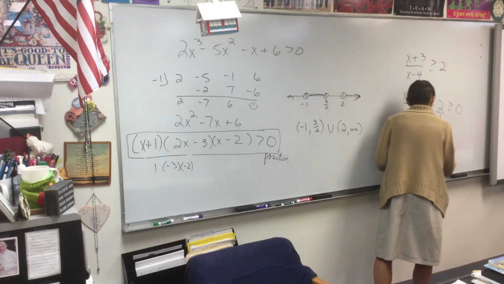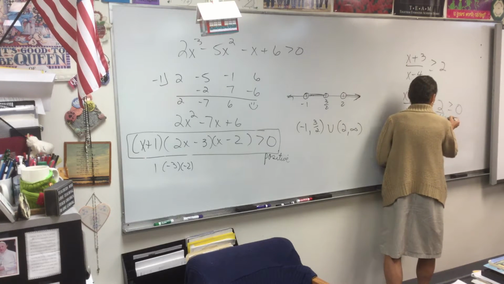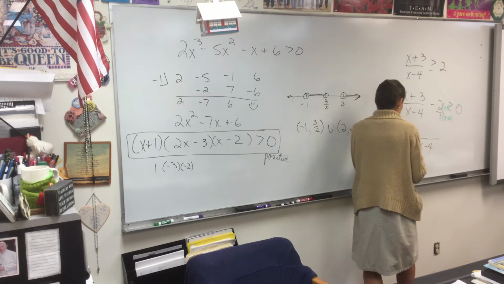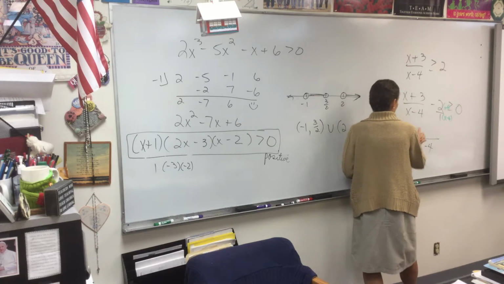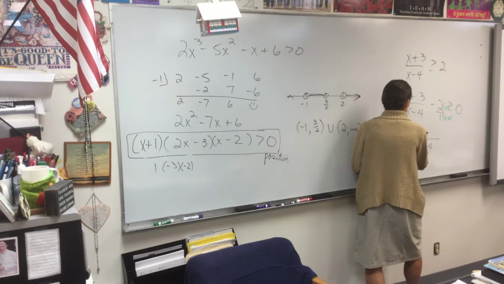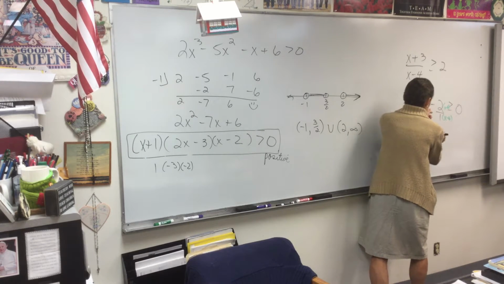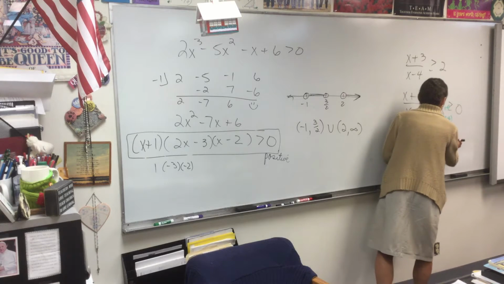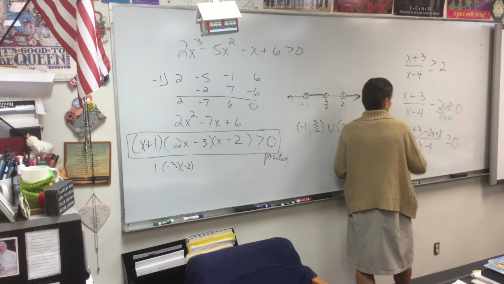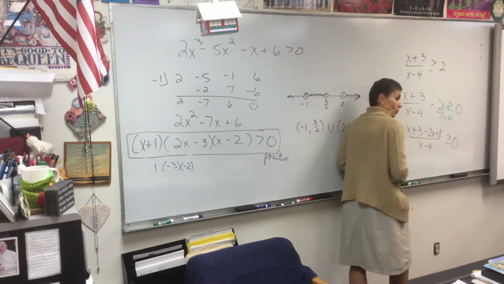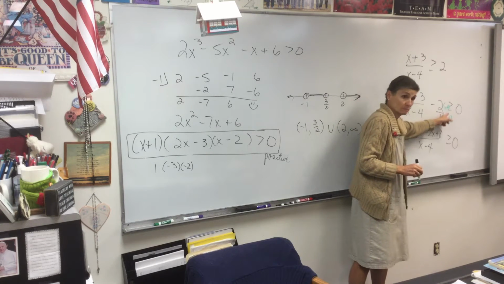So I'm going to multiply numerator and denominator here by x minus 4, so that now I can write one fraction. X plus 3, watch it, minus 2x plus 8. Okay, so I'm getting a common denominator here. I'm multiplying by x minus 4 over x minus 4, right?